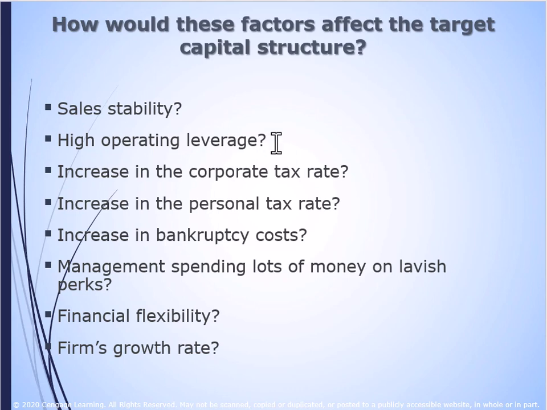If you have a lot of operating leverage, there's a lot of business risk. There's chances that you won't be able to meet your operating income, which means there are chances you wouldn't be able to pay your financial obligations either. So again, the higher the operating leverage, most likely the lower the amount of financing we would want.